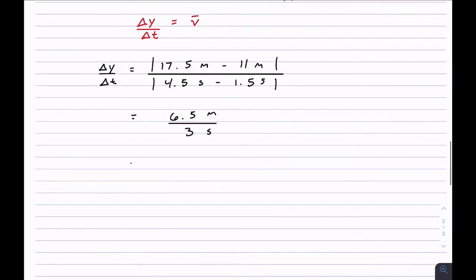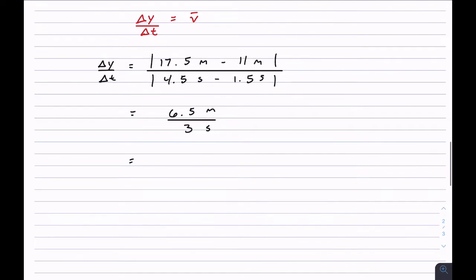Okay, this gives us a value of, oh, it's 2.2. Let's say it's just 2.2 meters per second. I did a little bit of rounding there, but that's going to be our value.